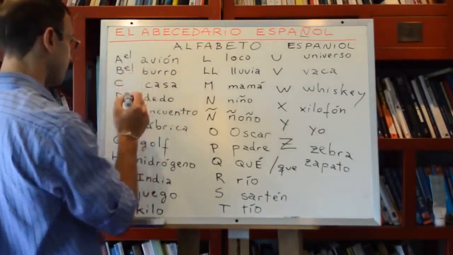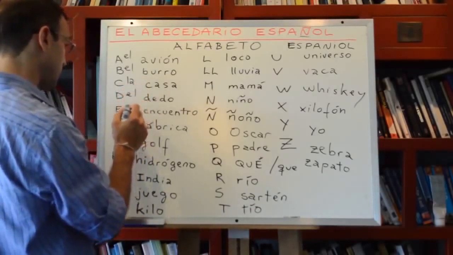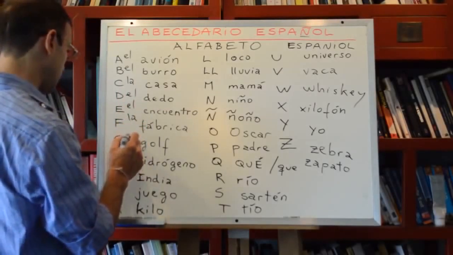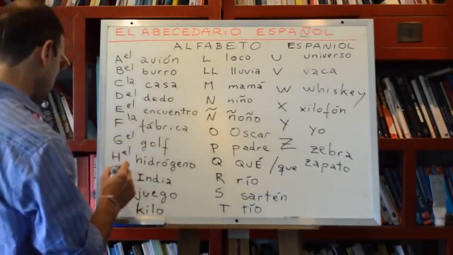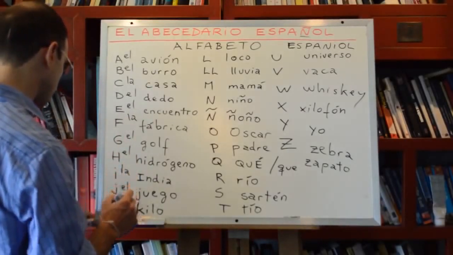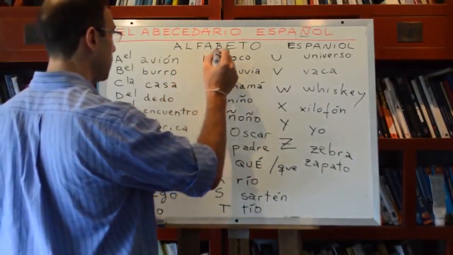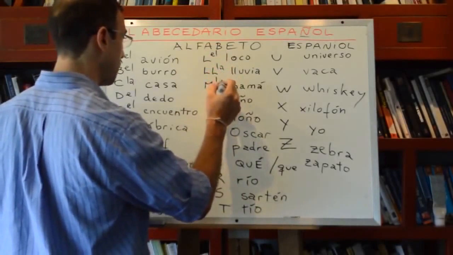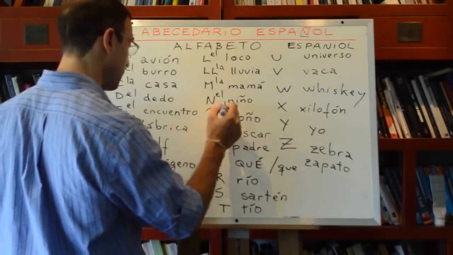El burro, la casa, el dedo, el encuentro, la fábrica, el golf, el hidrógeno, la India, el juego, el kilo, el loco, la lluvia, la mamá, el niño, el ñoño.